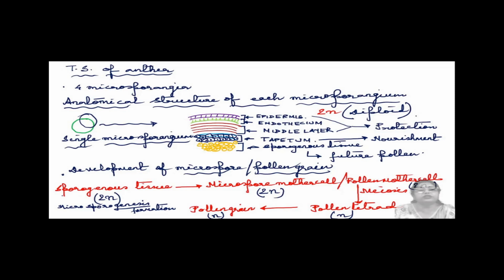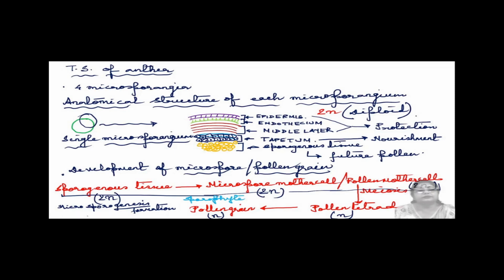So from sporogenous tissue to microspore mother cell, this is called the sporophytic body, the sporophyte, which is diploid.